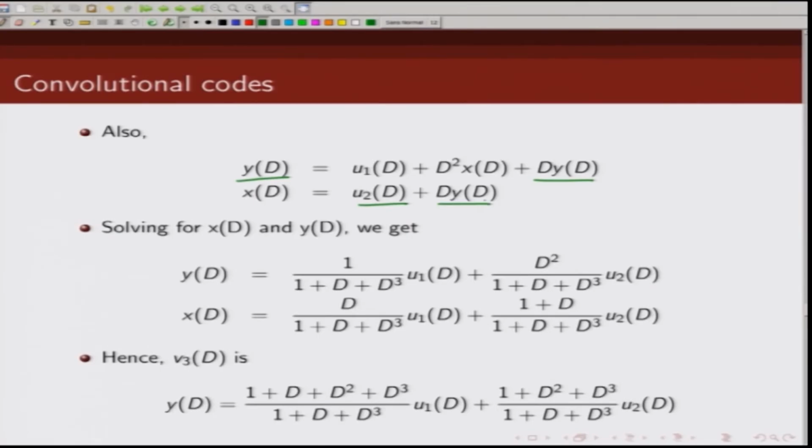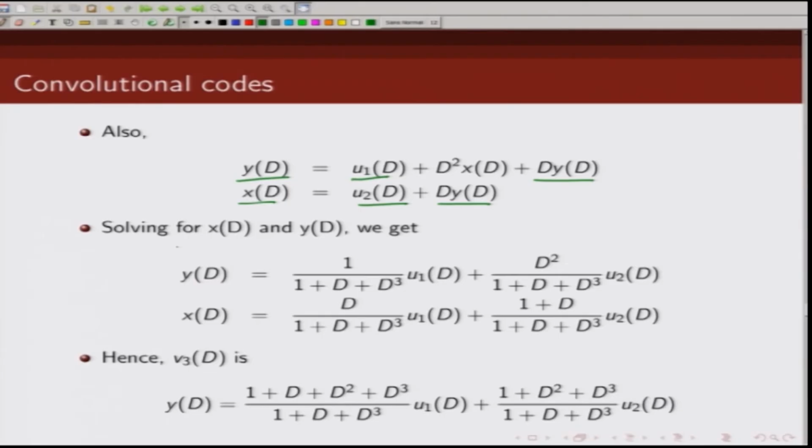Okay. So, now we have got equations of y of d and x of d in terms of u1d and u2d. So, let us bring y of d to one side and x of d to one side and write them in terms of u1d and u2d.